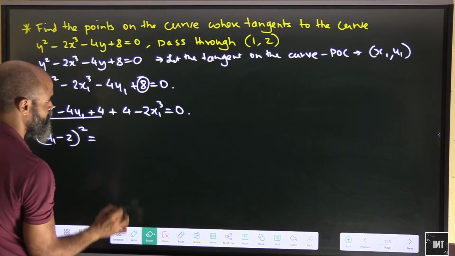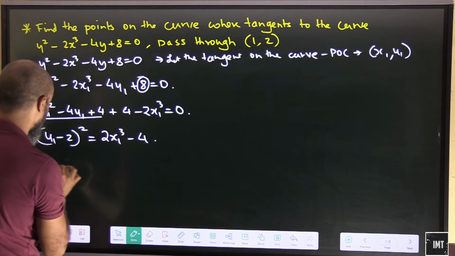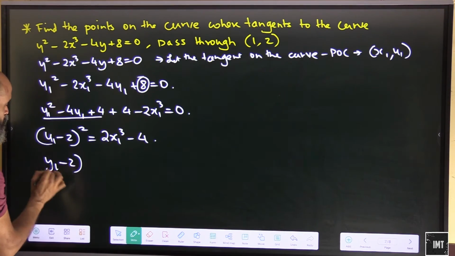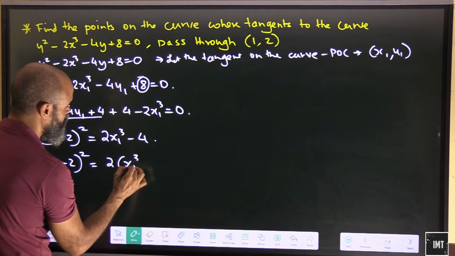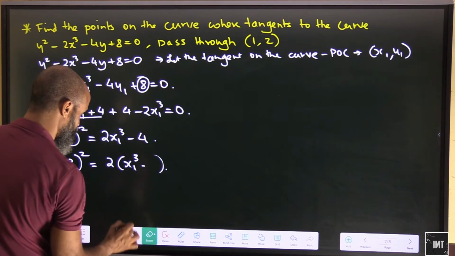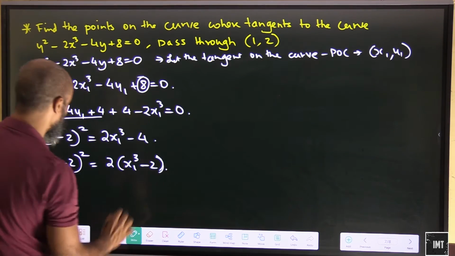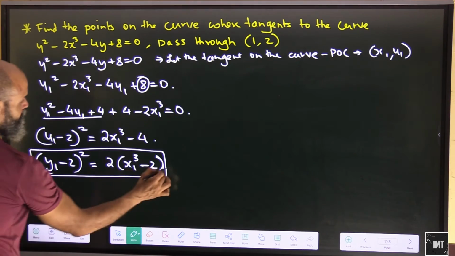So y1 minus 2 whole square will be equal to 2x1 cube minus 4. So this is one equation that we have.